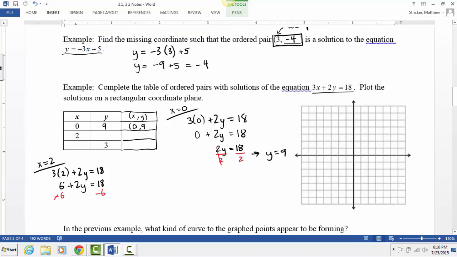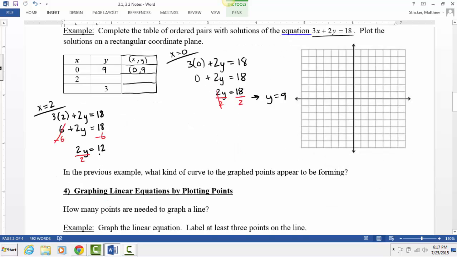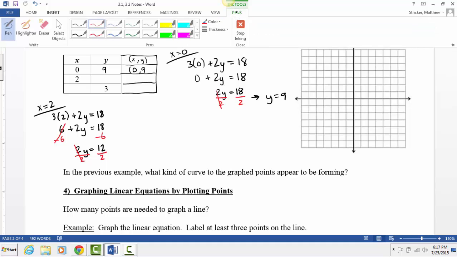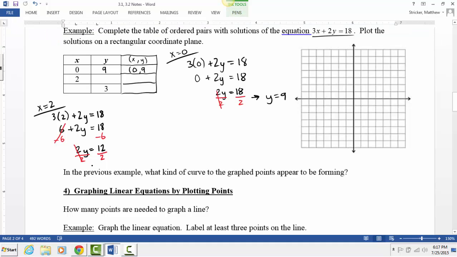Change sides, change signs. We get 2y equals 12, and then we can divide by 2. 12 divided by 2 equals 6. So when x equals 2, y equals 6, we get the point (2, 6).